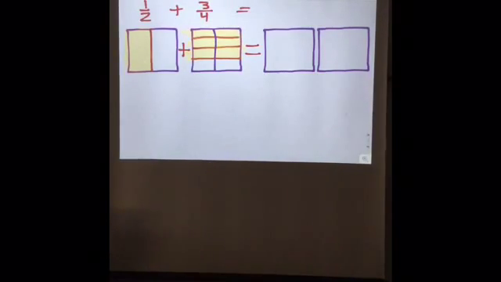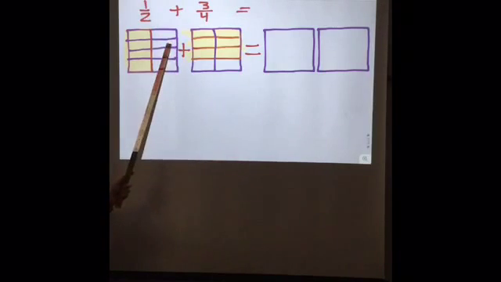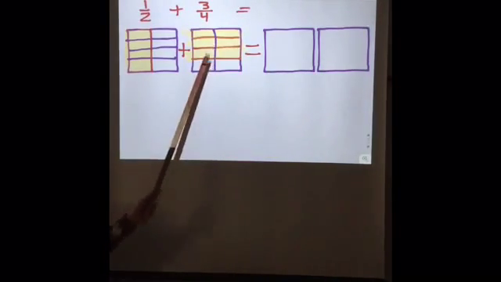There's my vertical line, right? And then I'm going to have to make how many lines for this one? I'm going to have to make 3 lines, just like I did over here, right? 1, 2, 3. Now I have that in fourths, right? Do you see that? 1, 2, 3, 4, just like this one was, right?